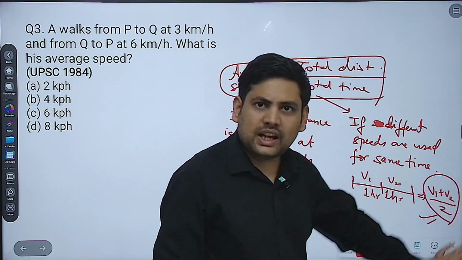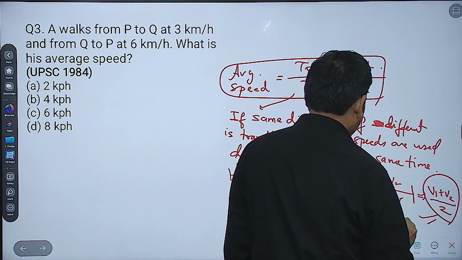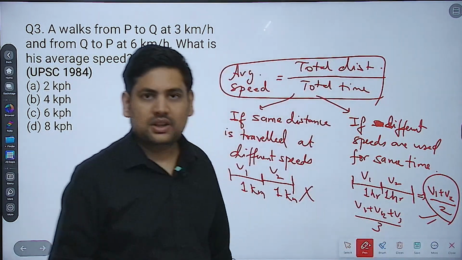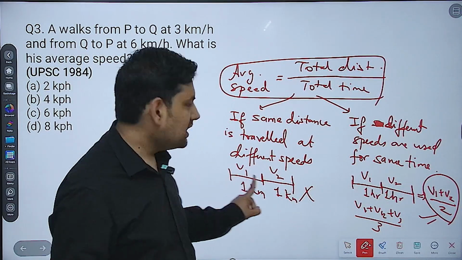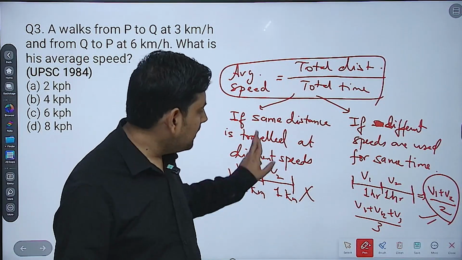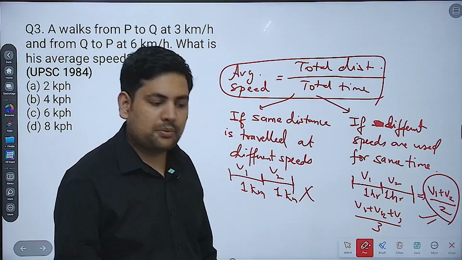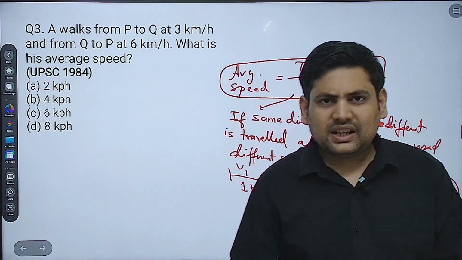If there are three like this, 1 hour each, then you can find it like v1 plus v2 plus v3 by 3, no problem. But when you are traveling the same distance at different speeds, then it will not be equal to just the sum divided by the number of observations. Why? Understand this simple difference.